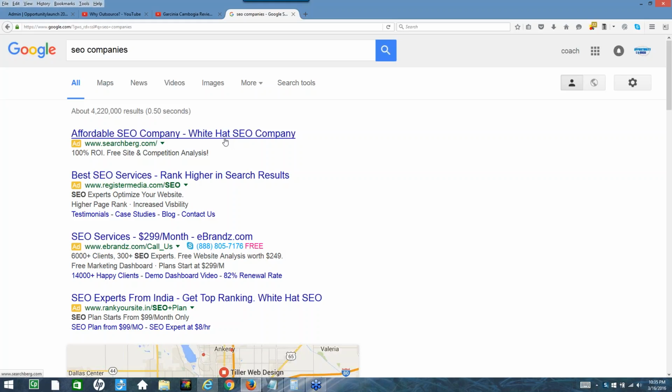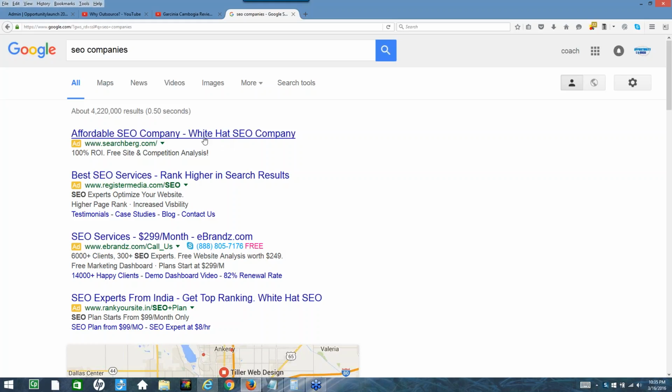You're just trying to supersede Google's search results quickly. White hat is when you play by the rules and you do all of the right things that are going to make your particular post not get banned or taken off of the search engines altogether, or it will never be seen again because they caught you. And so that's real bad for going out, buying a domain and spending all this money only to get banned.